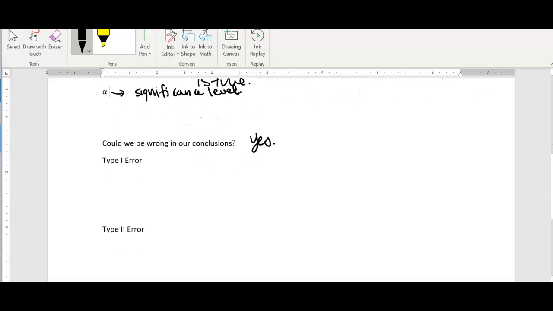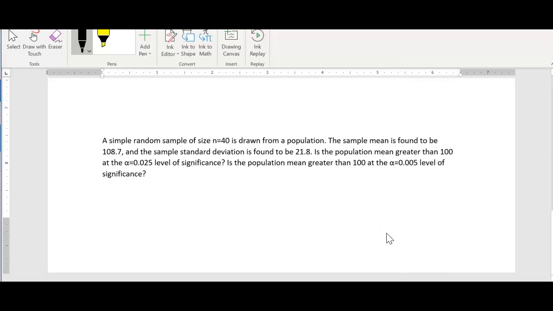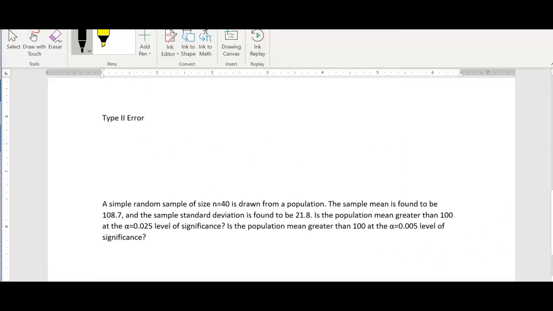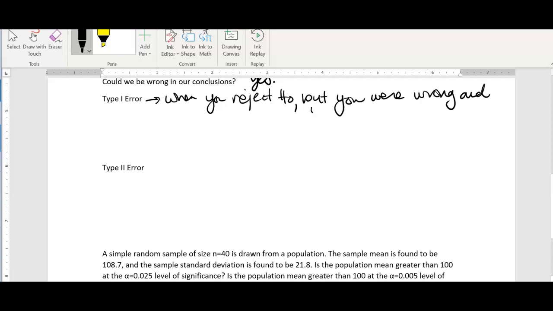So your type 1 error is when you reject H naught, but you were wrong, and you shouldn't have.